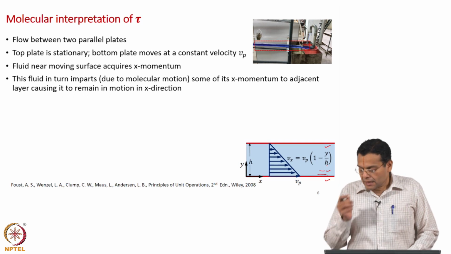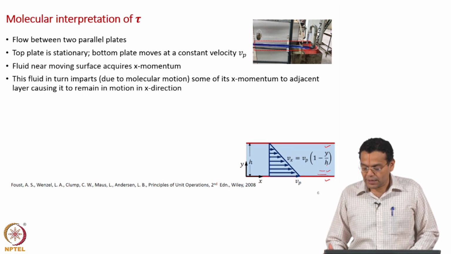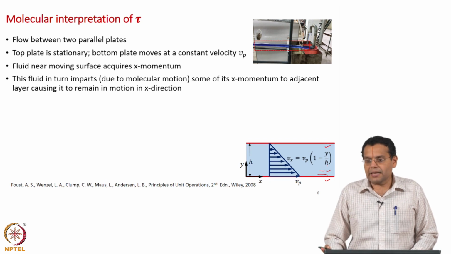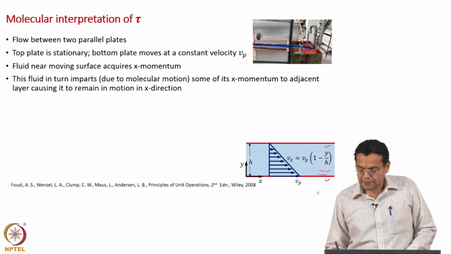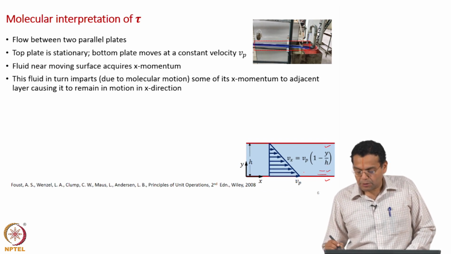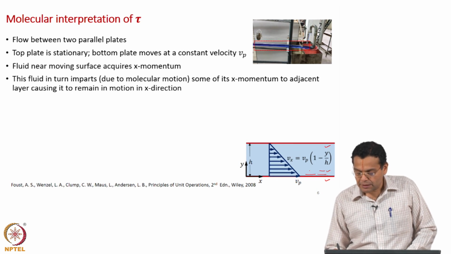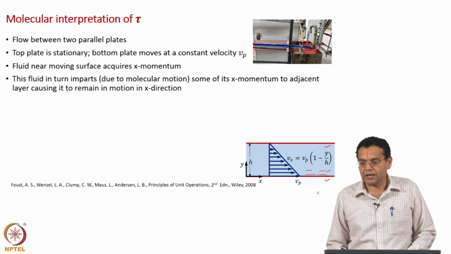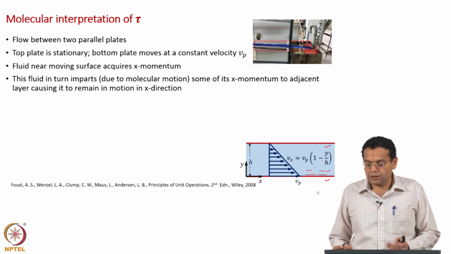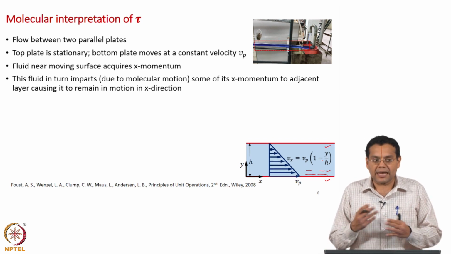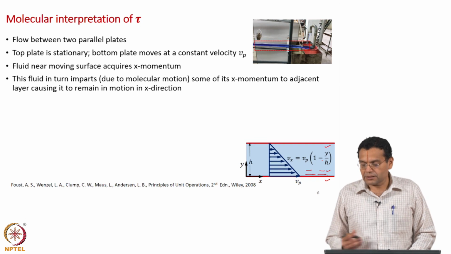At the molecular level, generally molecules move in a random motion, but now the molecules will have a higher x velocity, let us say in this plane, and the molecules in this plane will have a lower x velocity. Overall the molecules have two components, one is the random component, the other is the x component.